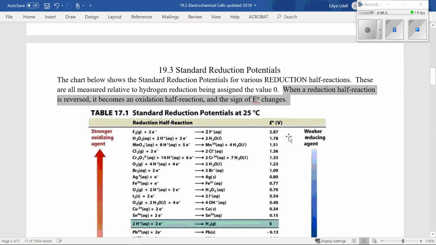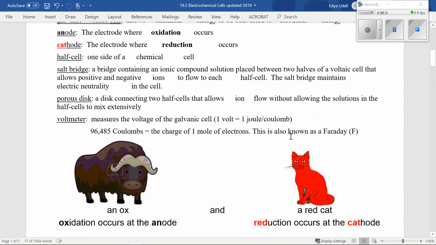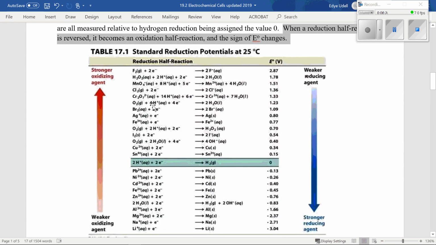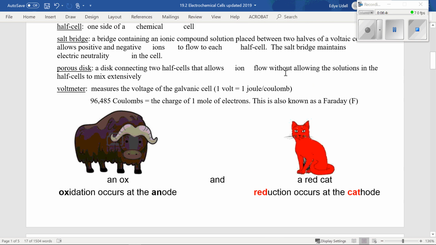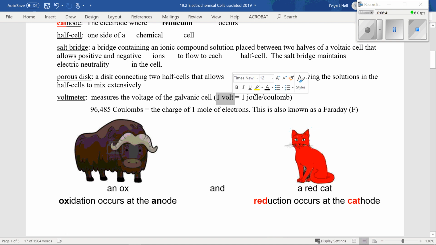I'm going to make a quick note about something. If we multiply one of these reactions by a number, say I took this first reaction and multiplied it by 2, the E0 does not actually change. Remember, the units for voltage are energy per charge.